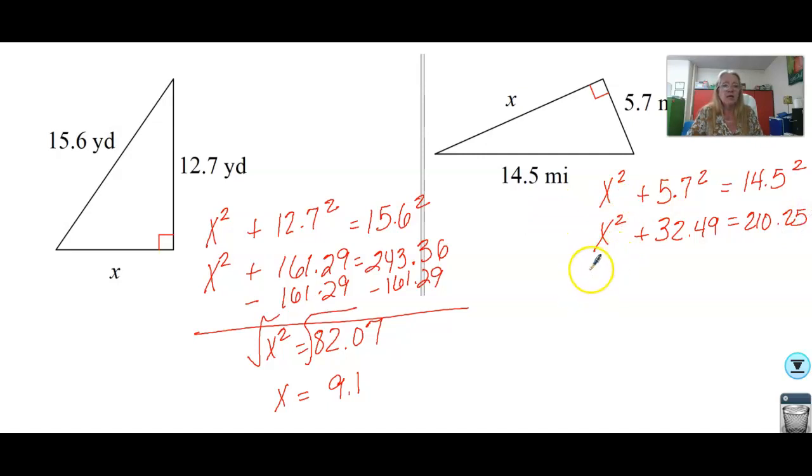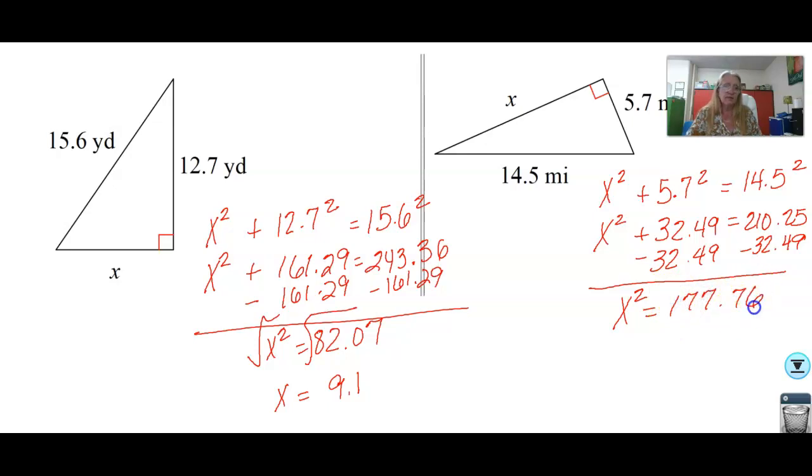Right. So now, extra step, we have to subtract 32.49 from both sides. And that will give us x squared is equal to 177.76.